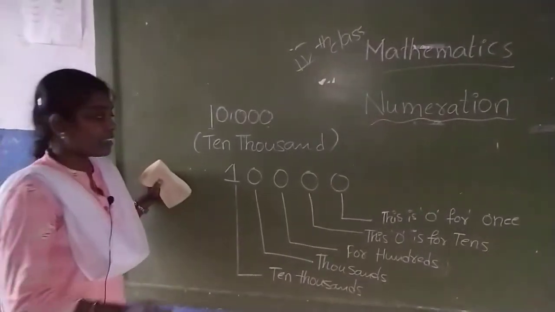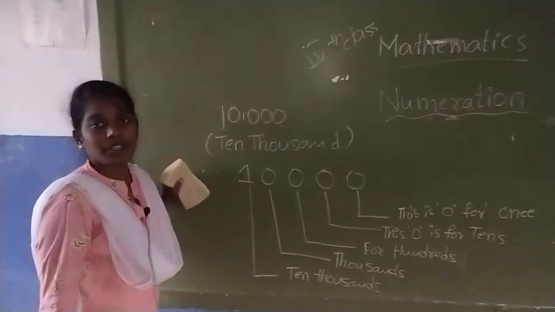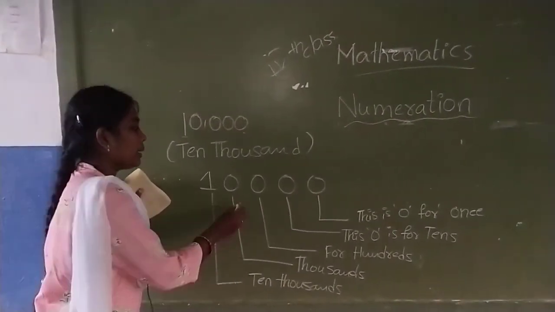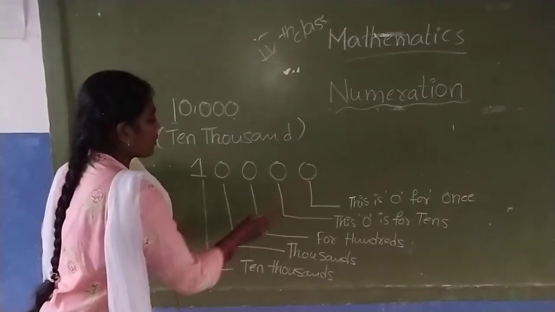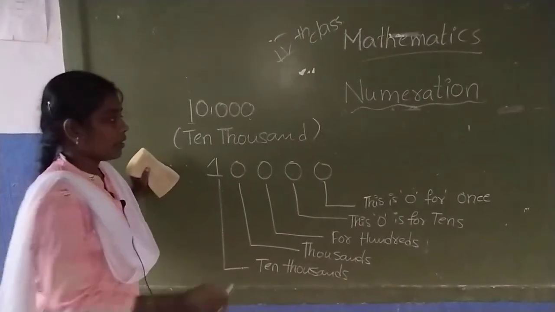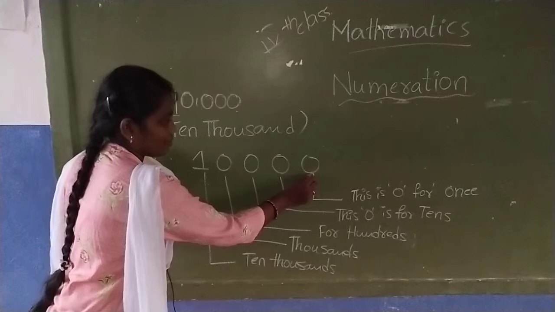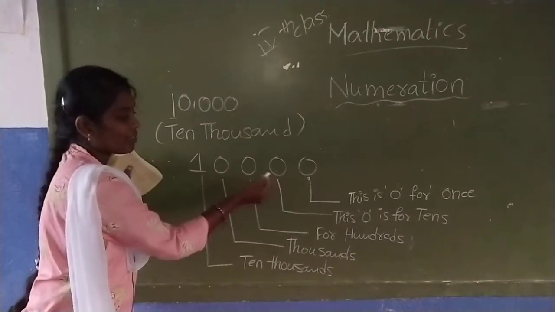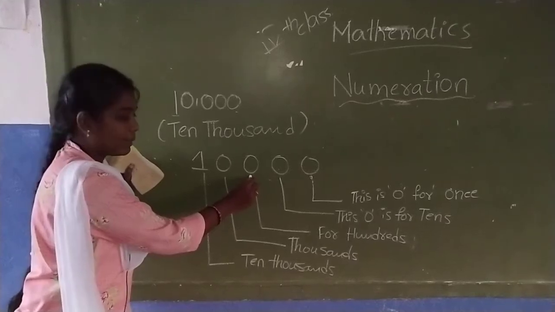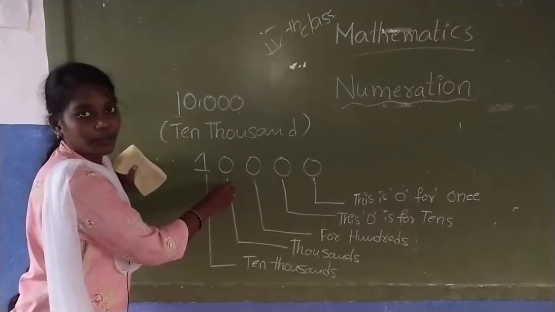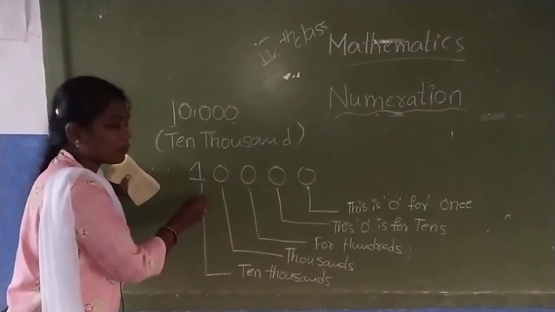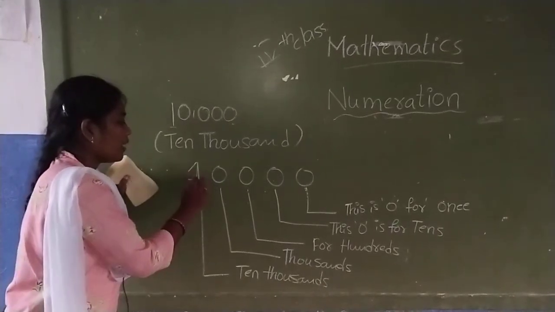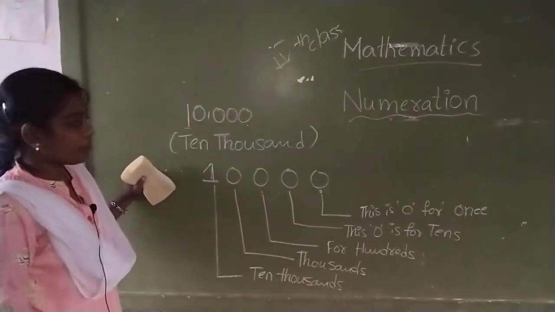This 5-digit smallest number represents this. In this, the first 0 represents ones place, the second 0 represents tens place, the third 0 represents hundreds place, the fourth 0 represents thousands place, and the fifth one, that is 1, represents 10,000s place.